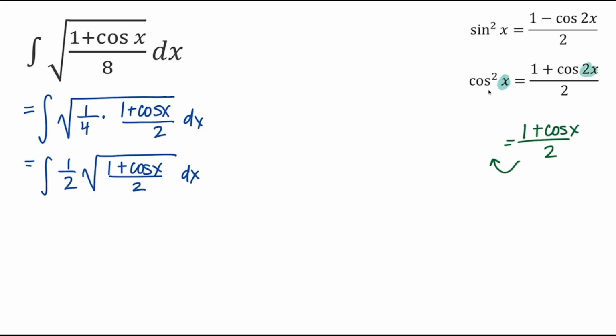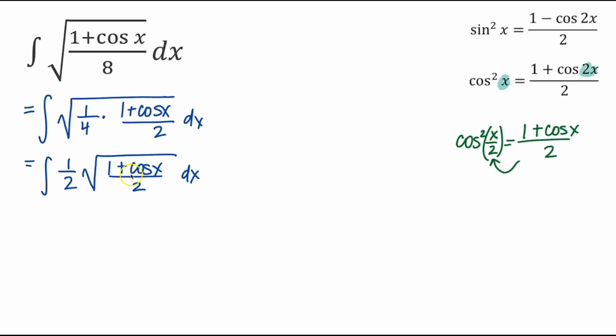So the x doubles. Or another way to think about it is that x is half of this 2x here. So in other words, if I have 1 plus cosine x over 2, the inside of cosine squared is going to be half of x, which is x over 2. So 1 plus cosine x over 2 is cosine squared of x over 2.